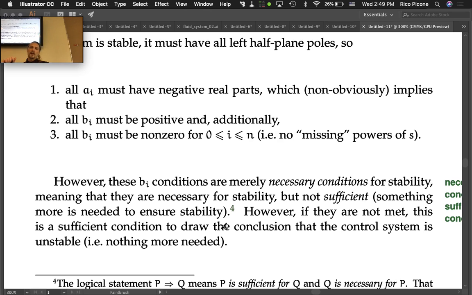If you're curious about this necessary and sufficient logic concept, check out that footnote. It's a very wonderful exposition on that concept, I would say. It's a really important idea in logic. If something is a necessary condition and it's not the case, then there's no way that the conclusion can be true.